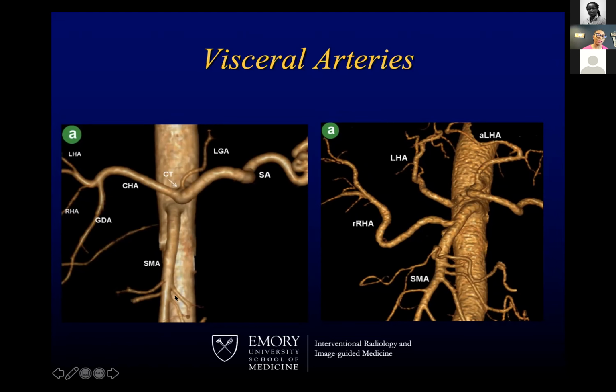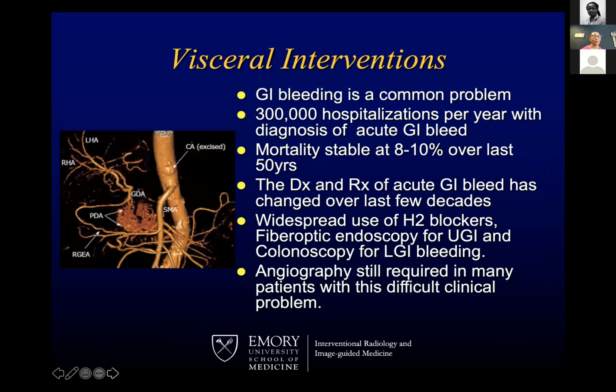The image on the right clearly shows aberrant anatomy: the right hepatic artery arising from the superior mesenteric artery instead of from the celiac axis, a very common variant. And we'll talk about the significance of that.